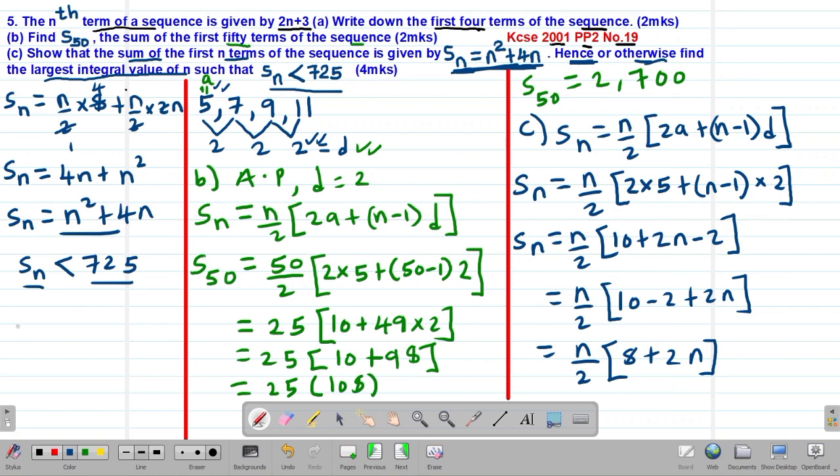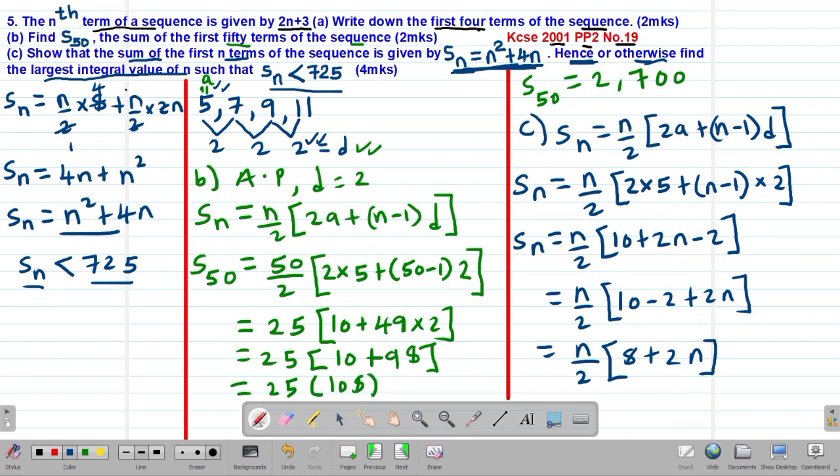I'm being told that the value of Sn must be less than 725. Therefore, 725 is actually greater than Sn.